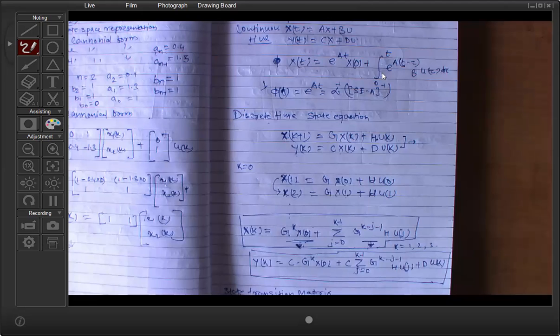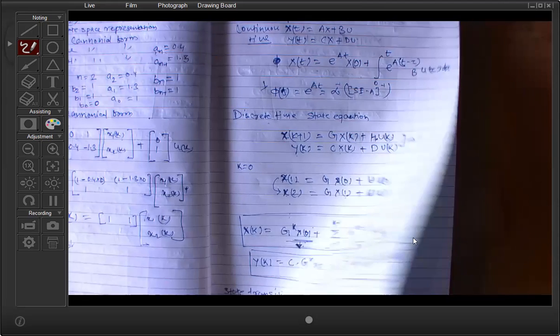In the second part, due to the input force, there is an integration from 0 to infinity of e to the power A(t minus tau) B u(tau) d tau. Here the integration is replaced by the summation from j equal to 0 to k minus 1 of G to the power k minus j minus 1 H u(j).